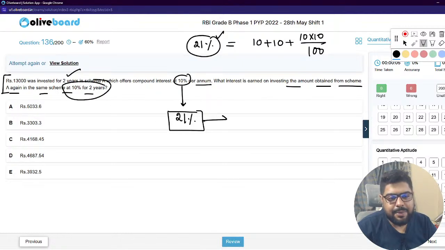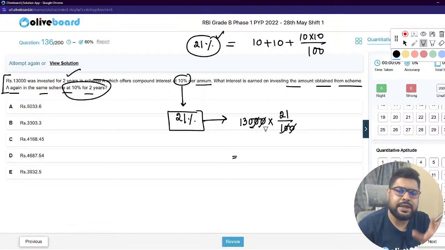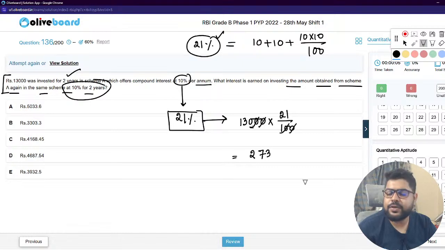Sir, what will be the amount obtained first time? Sir, 13,000. So interest will be 13,000 into 21 by 100. 0000. So 3 zeros you keep. 13 and into 21. 13 2s are, sir, 260. Plus 13 2s are 260, like 13 into 20 plus 13, sir, 273, sir. 273 and a 0 at the end.